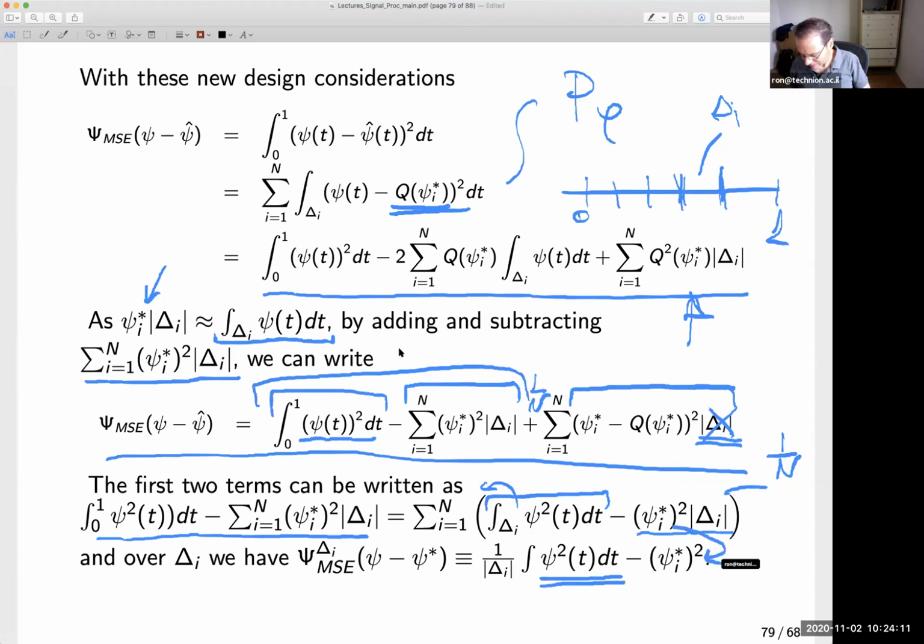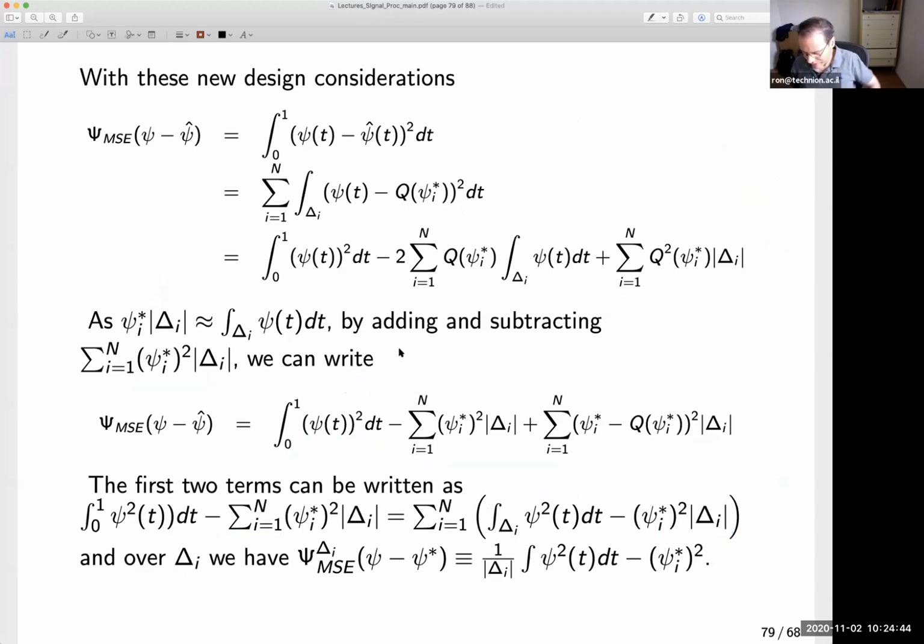So this is within each and every interval. Now I'm thinking aloud for a moment. If I multiply by 1 over sigma, these two would cancel, this one and this one would cancel. And this obviously would give me the error within the interval.